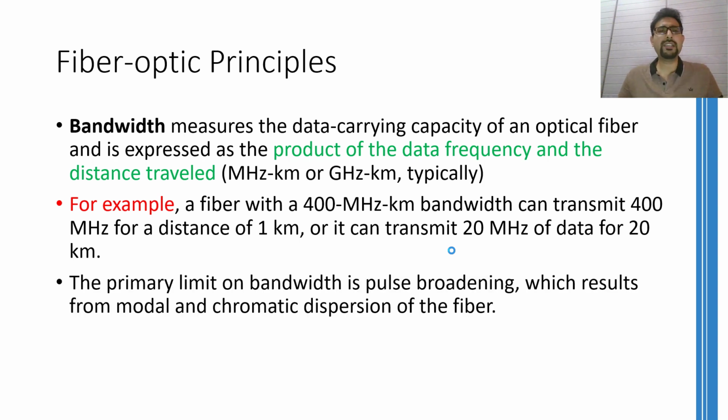Out of all the reasons, the primary reason for the limit on the data carrying capacity of any fiber is the pulse broadening or the lengthening of the light signal in time. And we have already talked about it that the main reasons for this broadening are the modal dispersion and the chromatic dispersion.